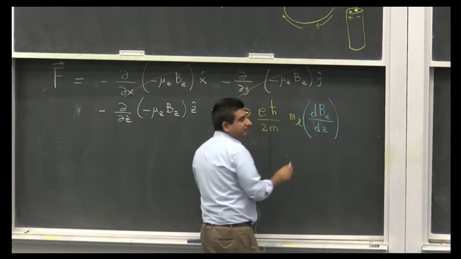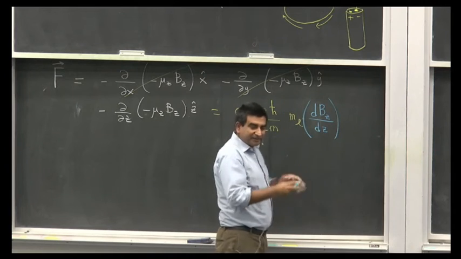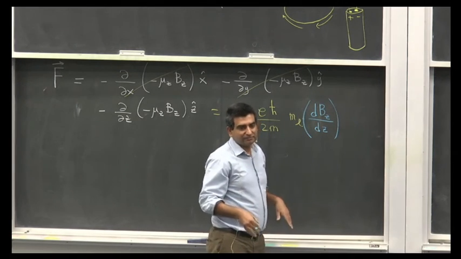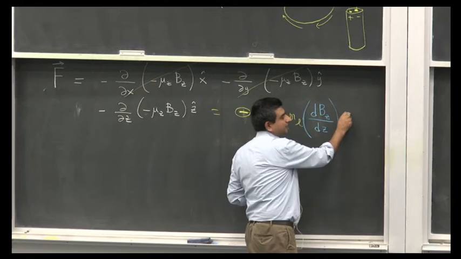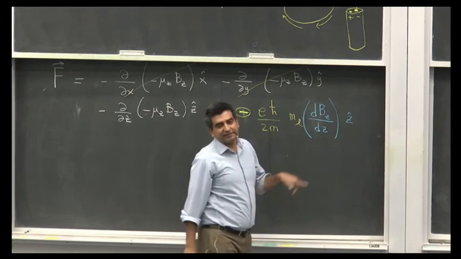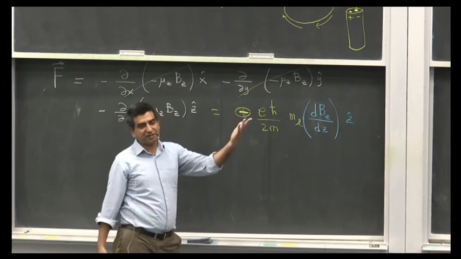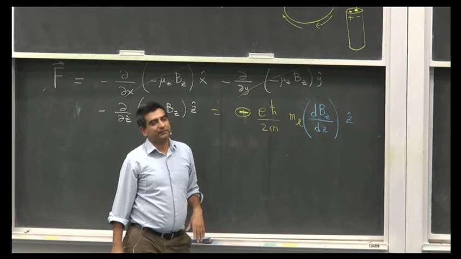This is how much the field changes with distance, which is a constant in the direction of z. This is the gradient of the field. How much does the field change with z?